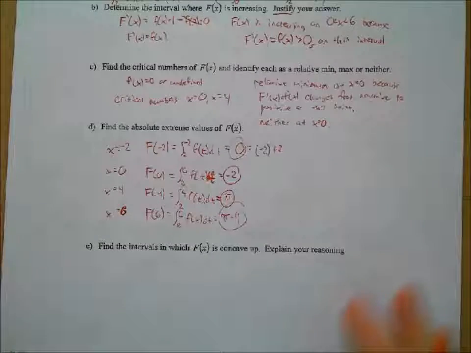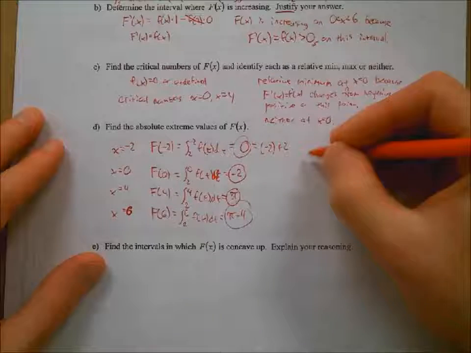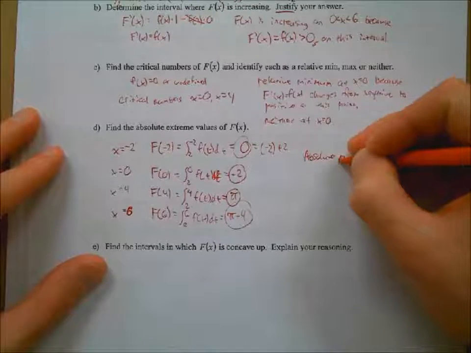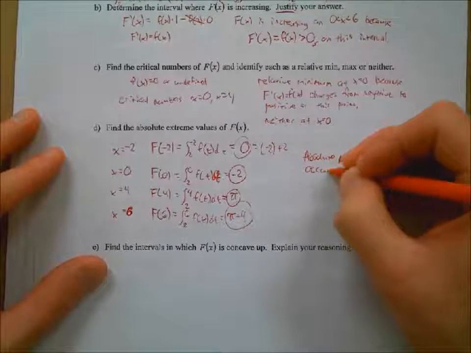Okay. So this one's nice. We can actually evaluate all of these values of our function without having to do this long justification. So the absolute maximum occurs where?